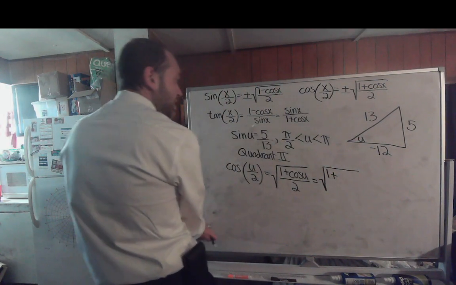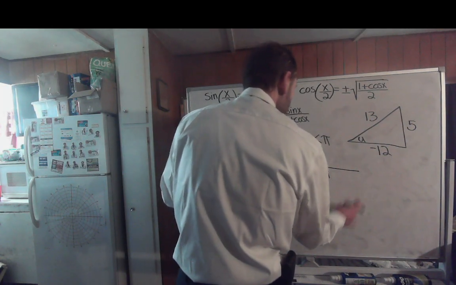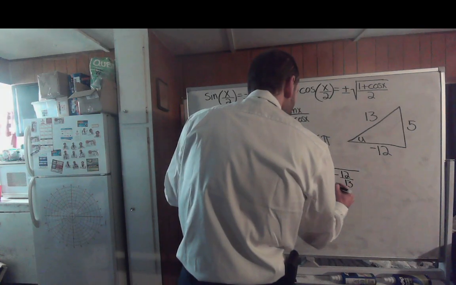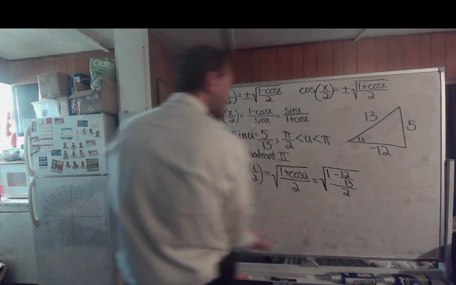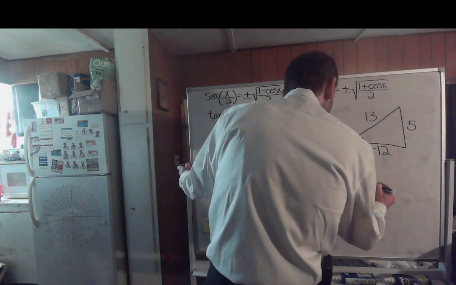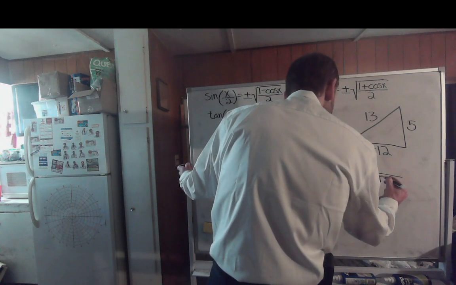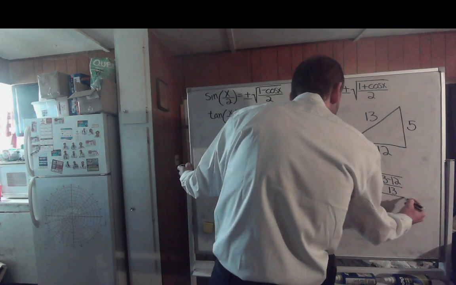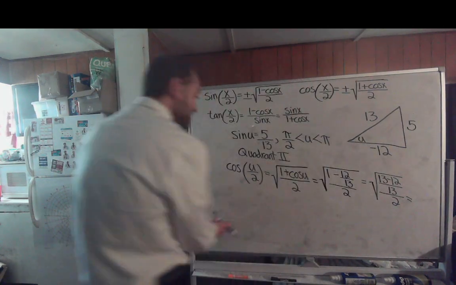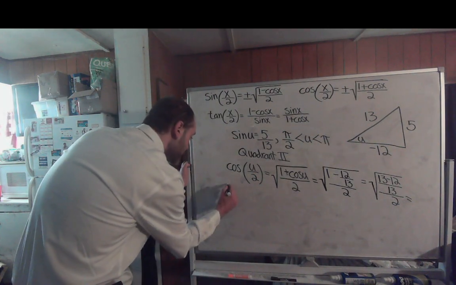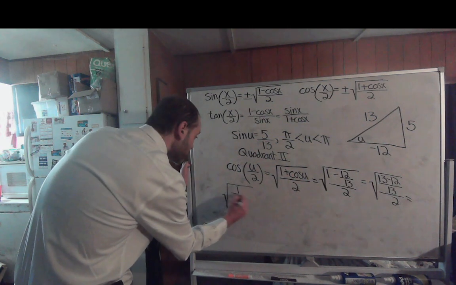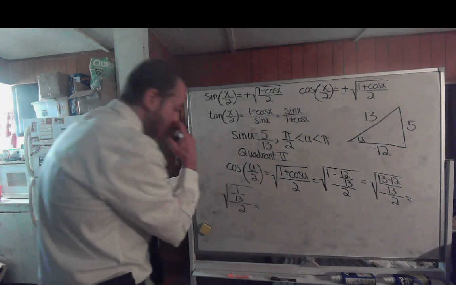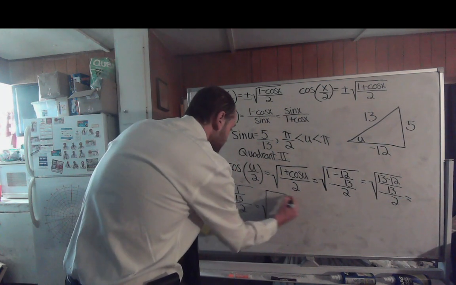So this equals the positive square root of 1 plus, what is that cosine? That's negative 12/13, so we can just say 1 minus 12/13 all over 2, which would give you the square root of 13 minus 12 over 13, all that over 2. Let's simplify a bit more. You'll get the square root of 1 over 13, all that divided by 2. Now just invert and multiply the complex fraction.